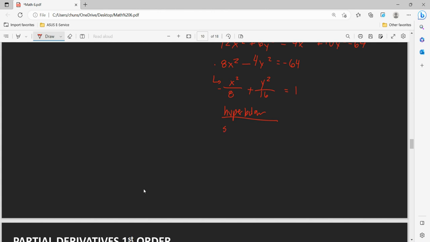Okay, so let's set x equal to 0. So that gives y squared over 16 equals 1. And already we can see that there are y-intercepts, so this is going to open up and down.